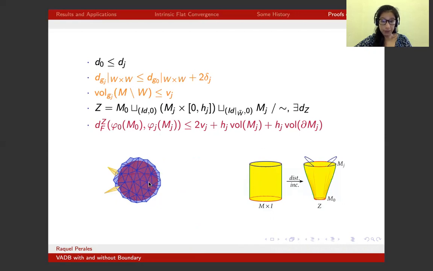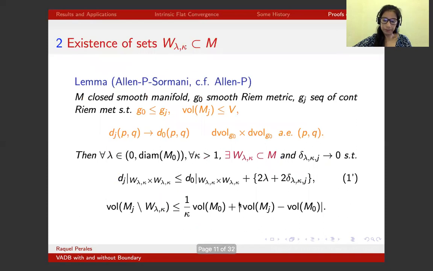So W is the part that has distances very similar to M0. It's very close. Here the yellow part, the distances are becoming bigger. And also W has a big volume. So see, this blue part has big volume and the yellow part has small volume. Okay, so now let's continue.